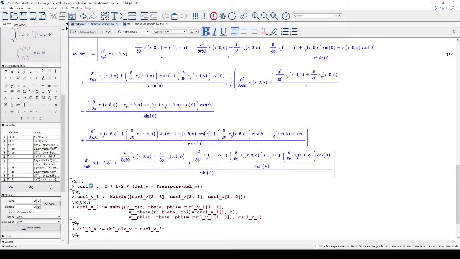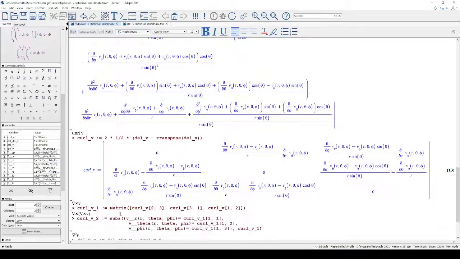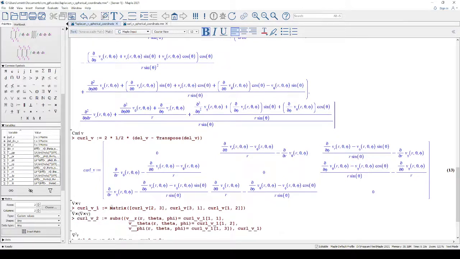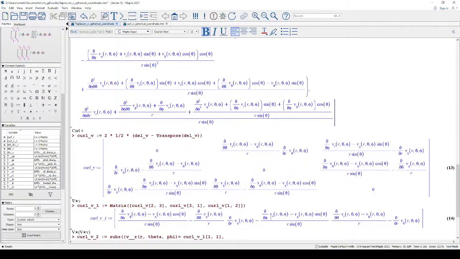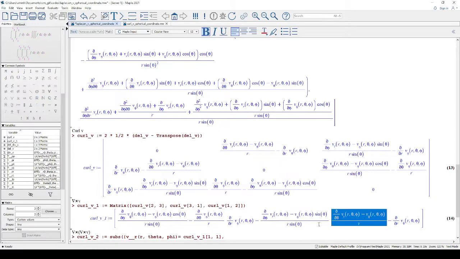Alright, so now we have the del of the divergence of V, and then we have the curl of V. So we already mentioned that the curl is basically equal to 2 times the dual vector of the del V tensor. So if I put it into a vector kind of form, I have 1, 2, and 3 component here.